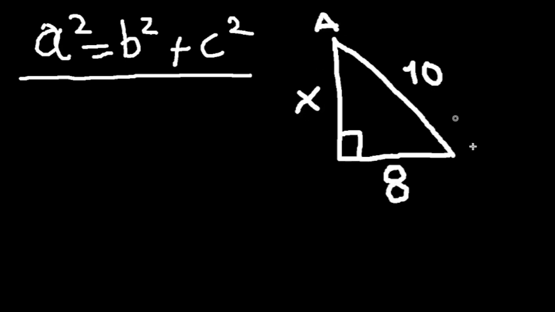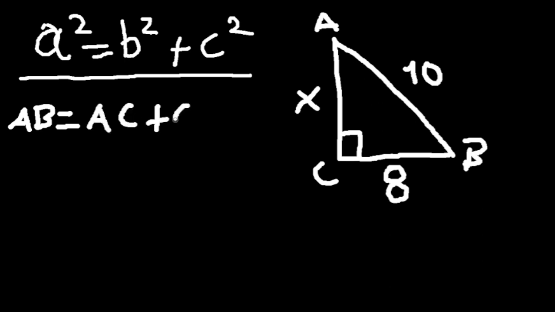We're also going to need to name our triangle. Alright, let's go. So we first of all want to type the original equation, right? So that's just AB is equal to AC plus CB, and these squared, right?